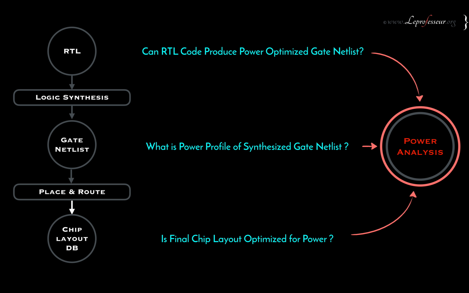Then we can run power analysis at the gate netlist level and at the chip layout database after place and route. We definitely need that analysis, to check whether our chip is going to consume power which is within the spec.